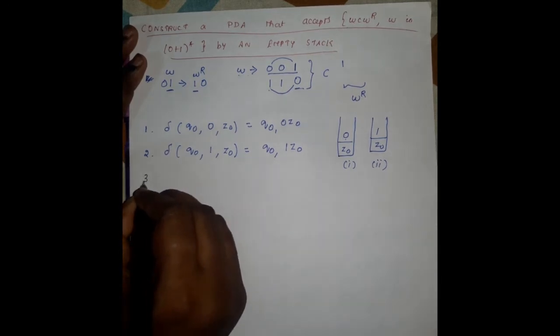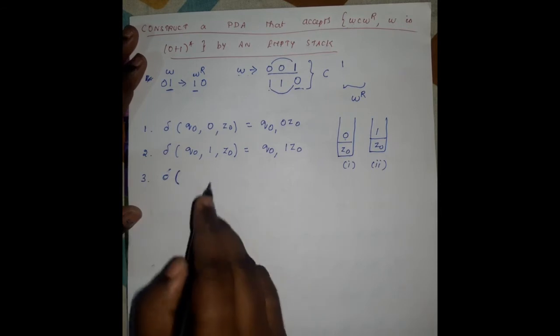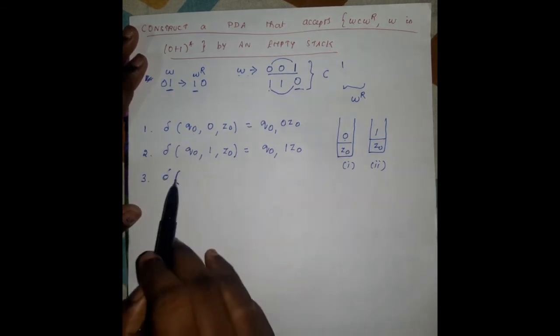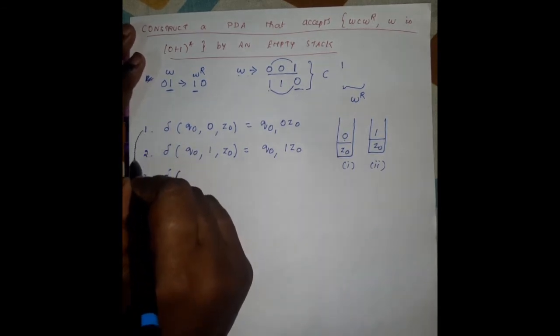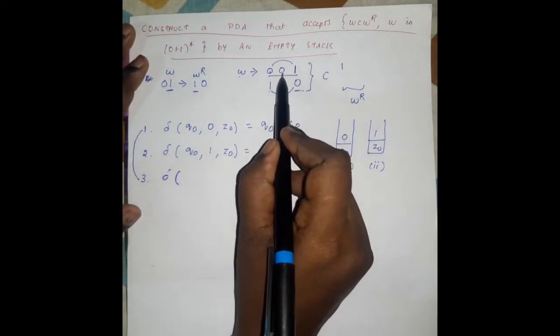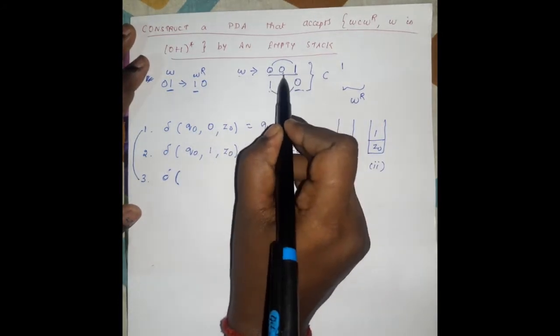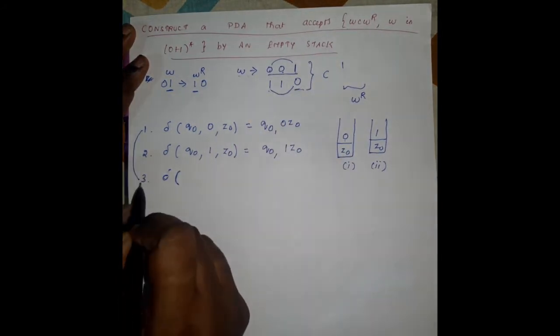This is one case, and the next step is another case. The third transition function is followed by the first step, because 0 may be followed by 0 or 0 is followed by 1. Now I am going to take 0 followed by 0. So the third step is followed by the first step.